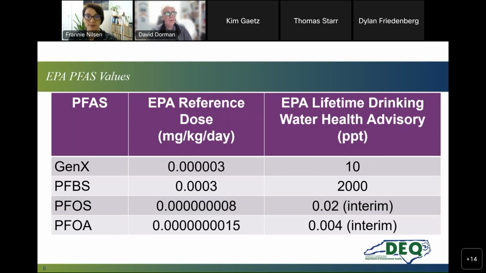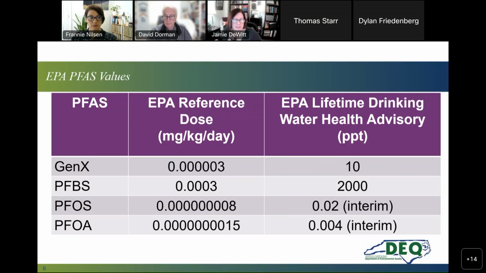May I make a comment real quickly? This is Jamie DeWitt. I just wanted to note that the critical effect for each of these reference doses varies. For PFOS and PFOA, the critical effect was suppression of vaccine responses from epidemiological studies. The critical effect for Gen X was liver histopathology in maternal mice from a developmental toxicity study.